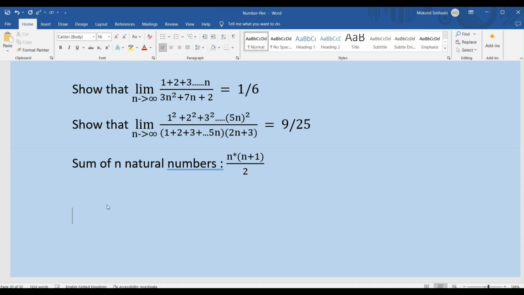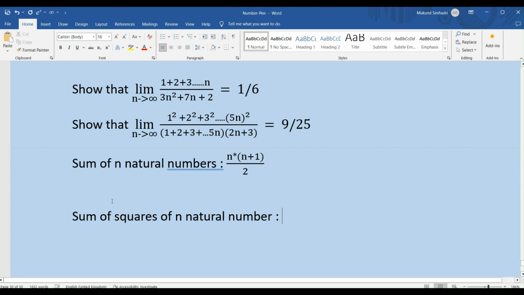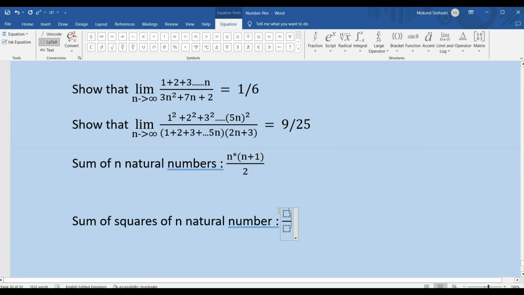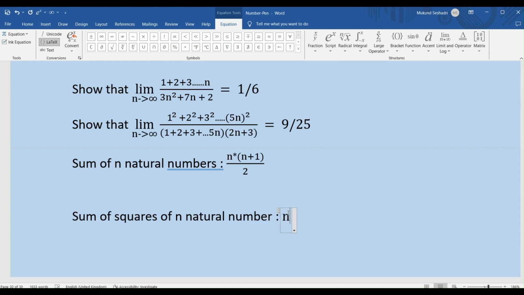And similarly, we have sum of squares of n natural numbers. And what is that? N into n plus 1 into 2n plus 1 by 6. So we will write that as well so that we can readily use it in this particular problem.